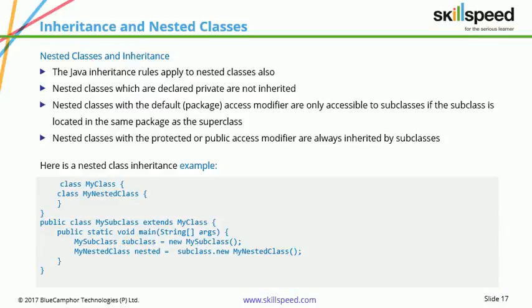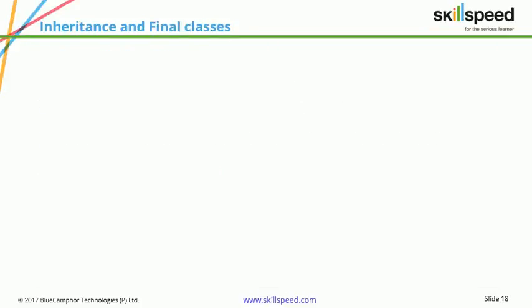Here we are able to observe that we are able to access the default nested class inside a default class called the myClass, and we have also seen how to use the nested class, the syntax, by creating an object for the class and then accessing the class object for creating the object for the nested class.